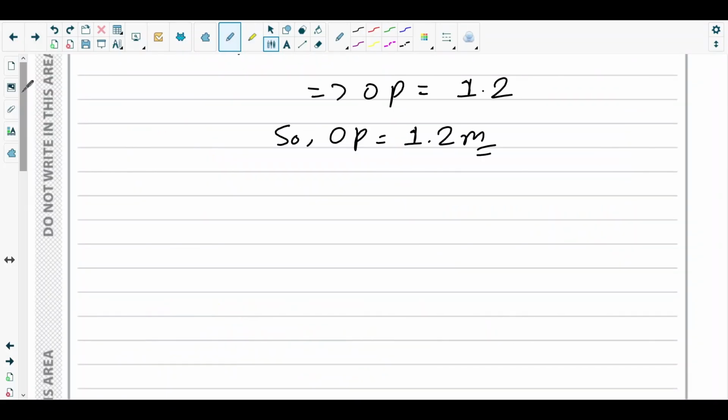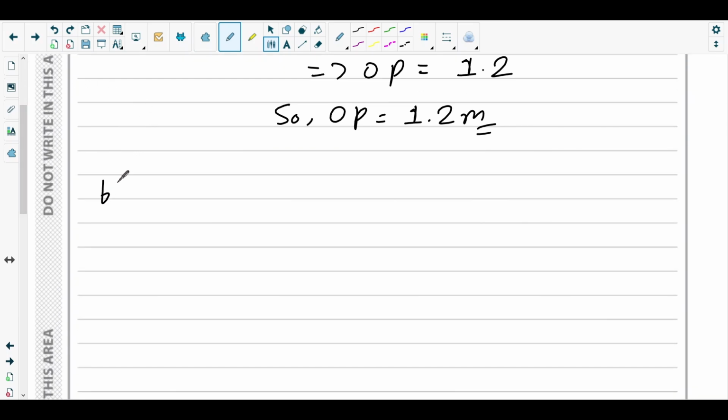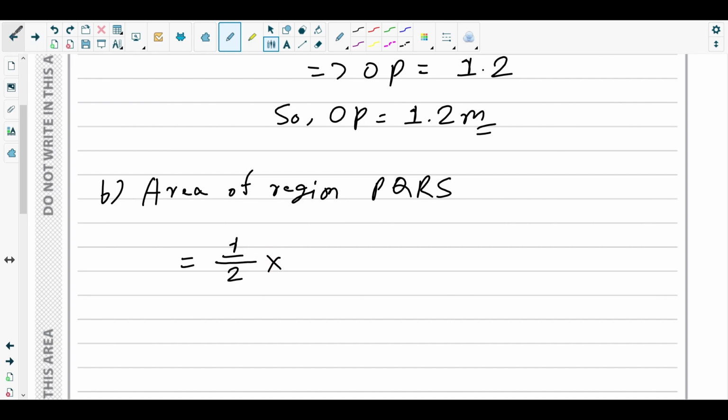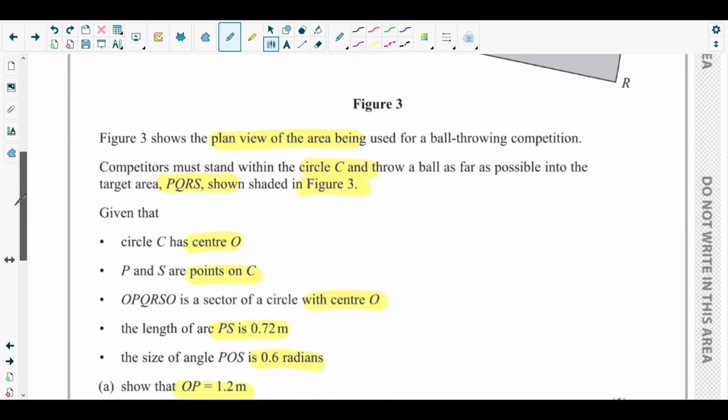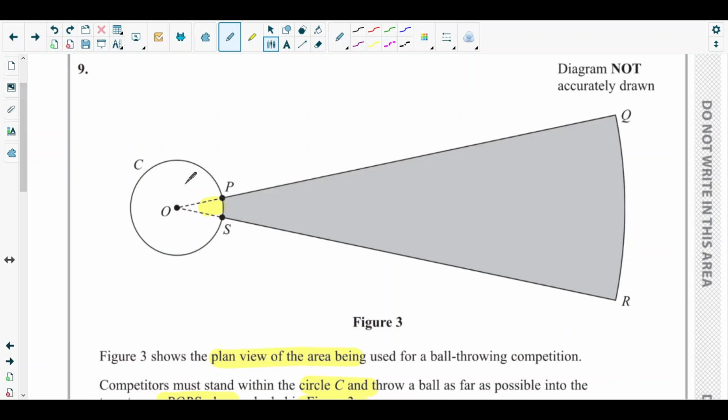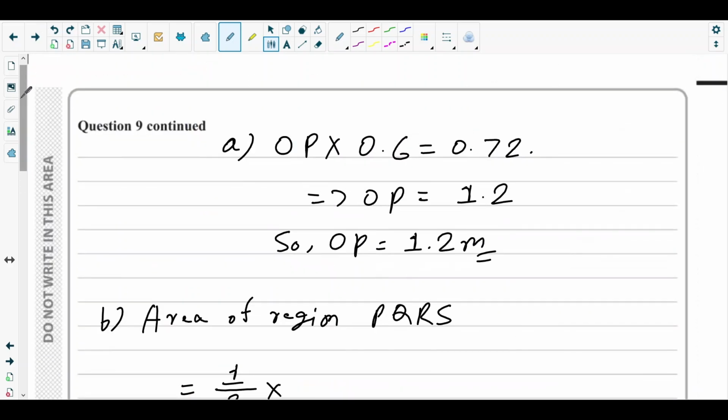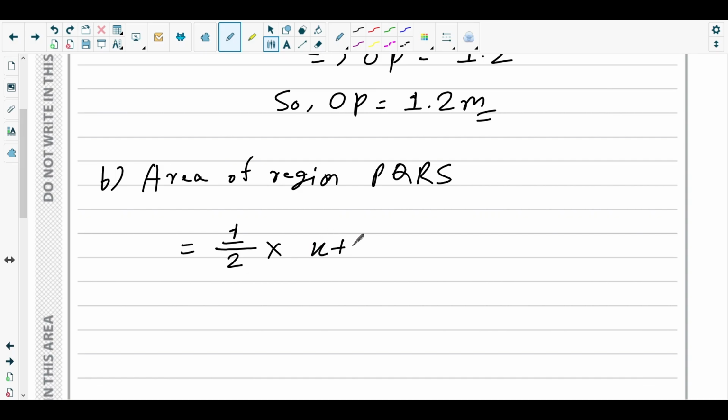So the area of region PQRS is basically half of r squared theta. The radius of the bigger sector is OP, which is 1.2, plus x, so 1.2 plus x, and x plus 1.2 whole squared.